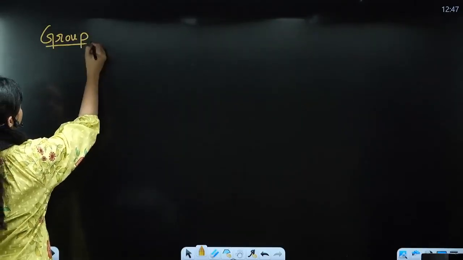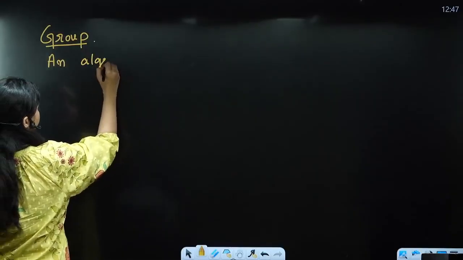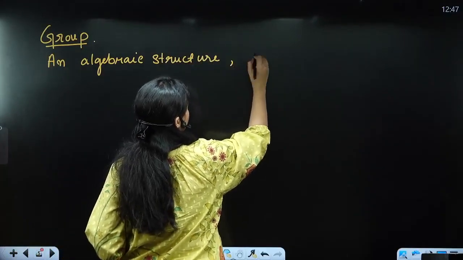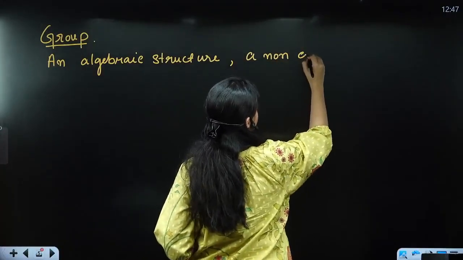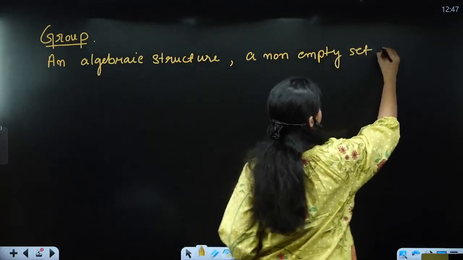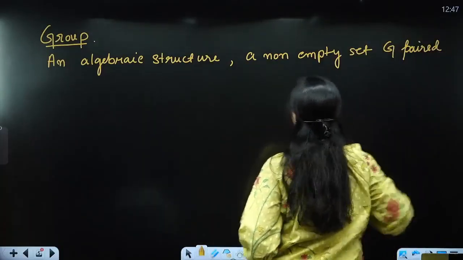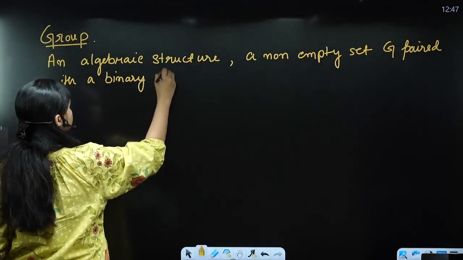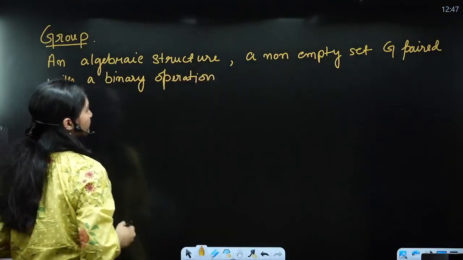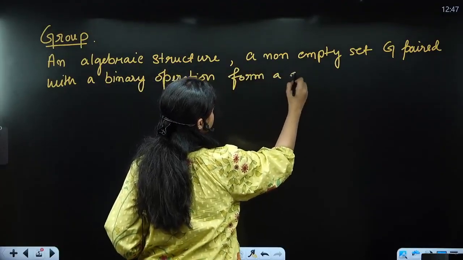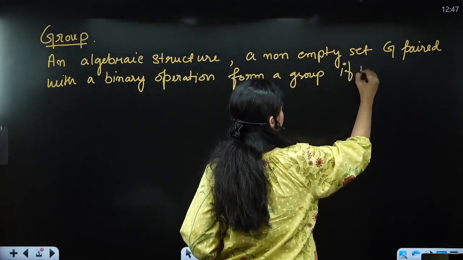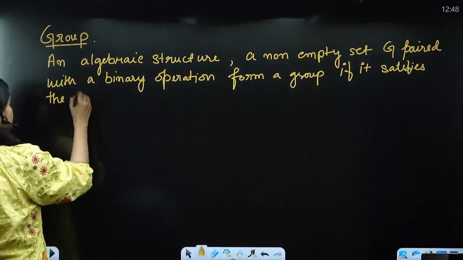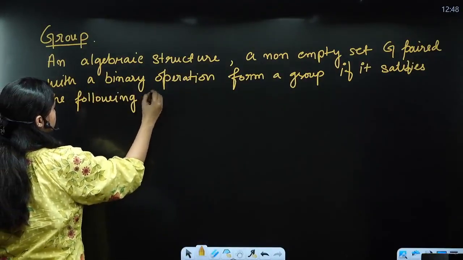What is a group? An algebraic structure, a non-empty set G paired with a binary operation, forms a group if it satisfies the following postulates.